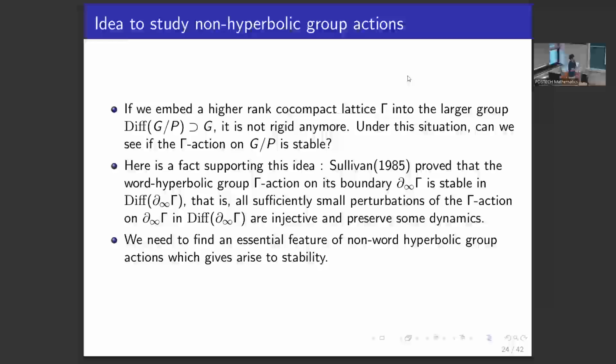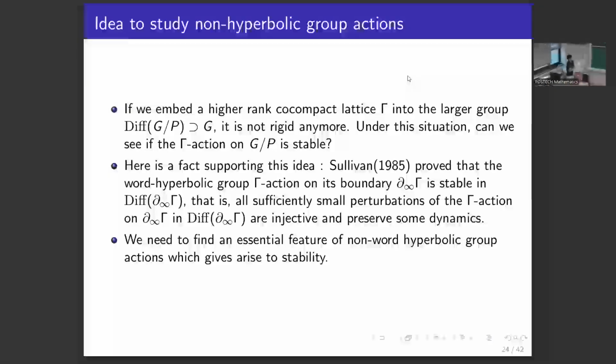Then the semi-simple Lie group is embedded into this large group, right? Actually, the diffeomorphism group is too large, so it is not rigid anymore. So under this situation, can we see whether the gamma action on this boundary is stable? If it is, then you can find some clue for the Cartan flat groups to be stable, right?